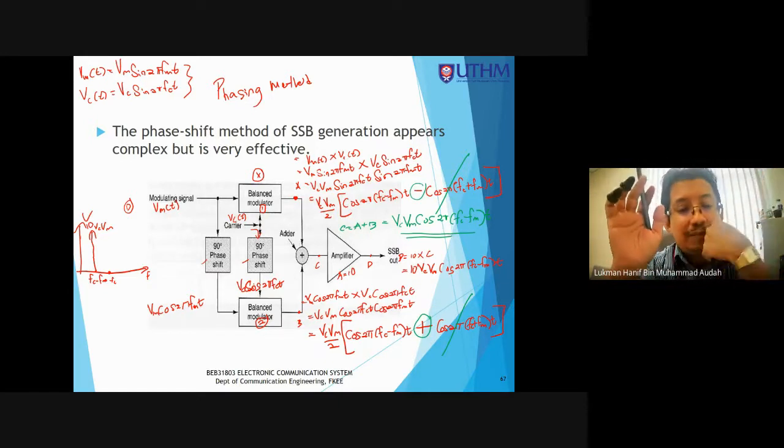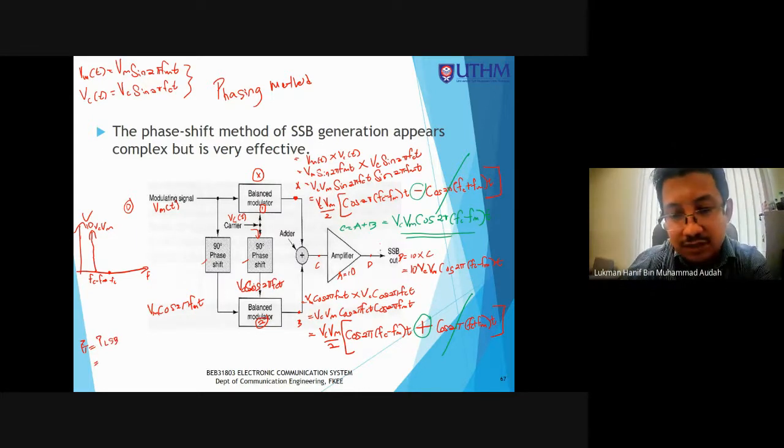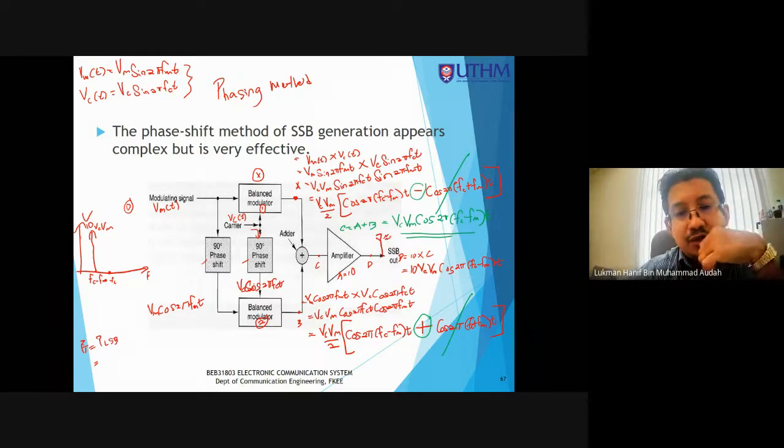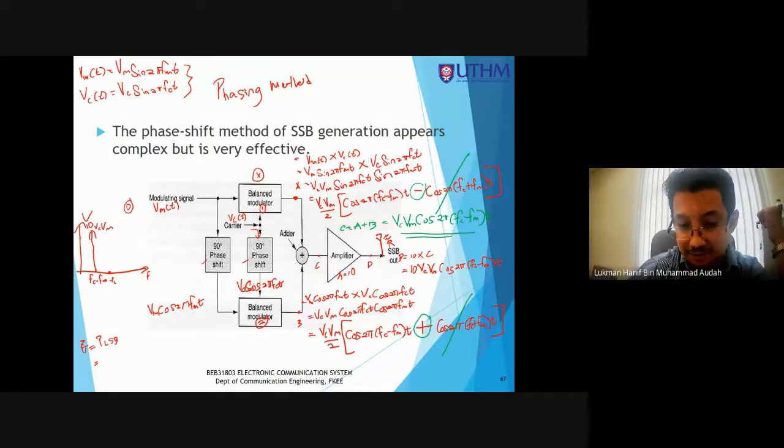What about the power? So total power, P total, is equal to PLSB. Dan dalam kes ini katalah output ini disambung kepada antena, dan antena ini mempunyai resistance sebanyak R, for example.